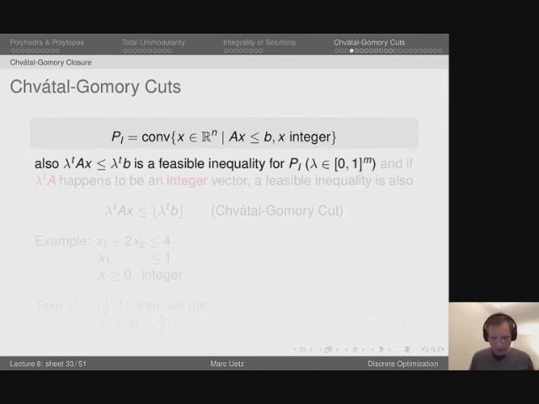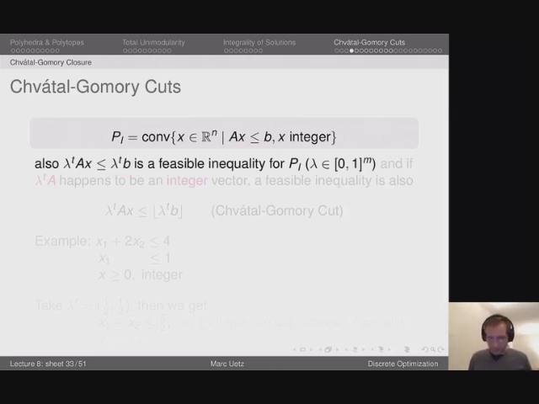So lambda transpose Ax is just a linear combination of all the original inequalities that I have in my original description. And then I get lambda transpose times b on the right-hand side, right?